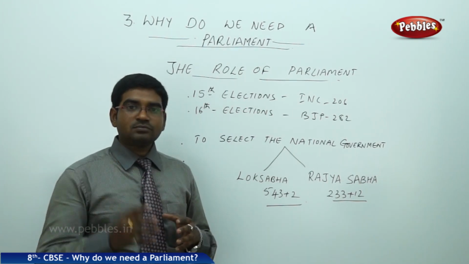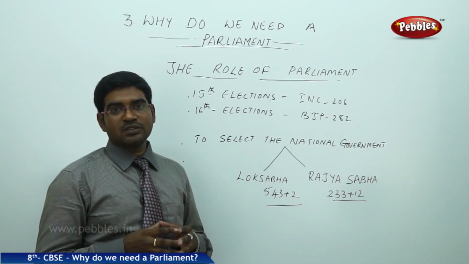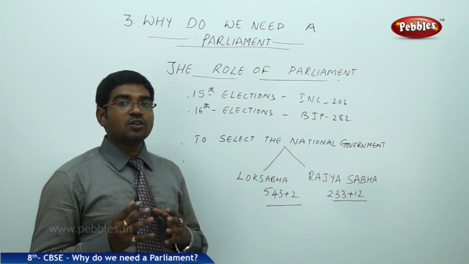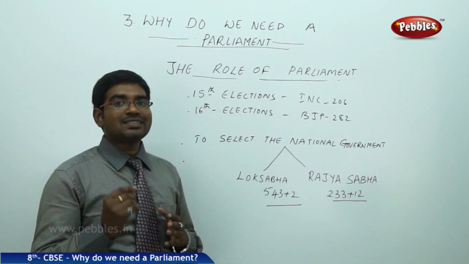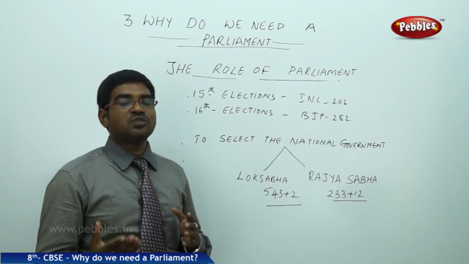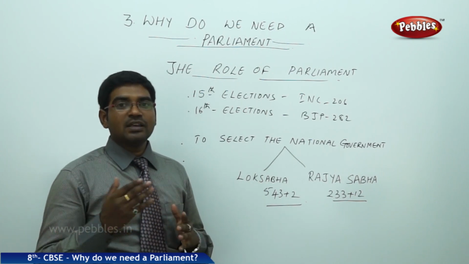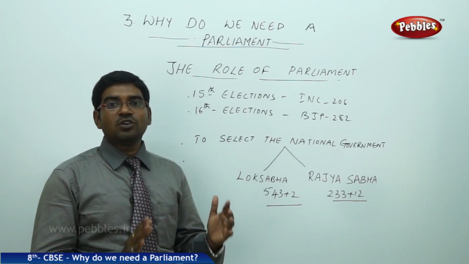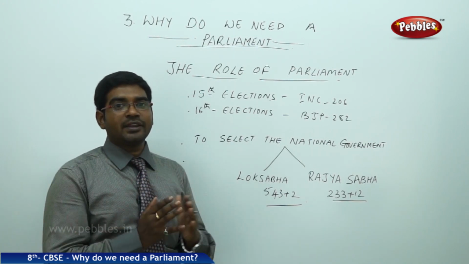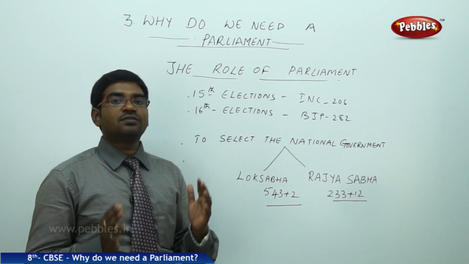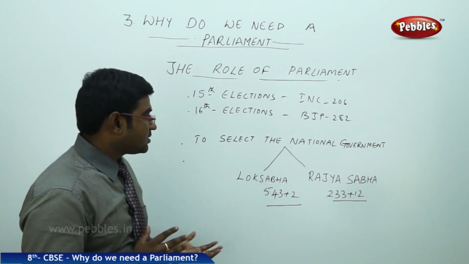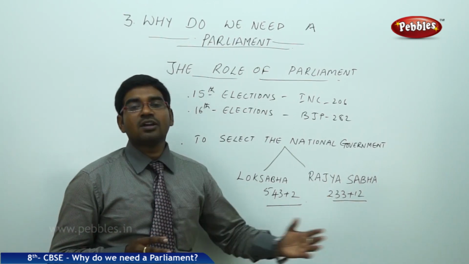Lok Sabha elections are called general elections, but Rajya Sabha is called a permanent house, because every 2 years one third of the members retire, and the gap created by their retirement is filled by fresh elections. So every 2 years a certain number of people retire, and a candidate can serve a maximum of 6 years in Rajya Sabha. So like this we have two houses in our Parliament.